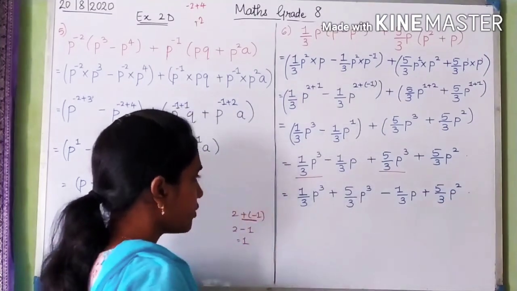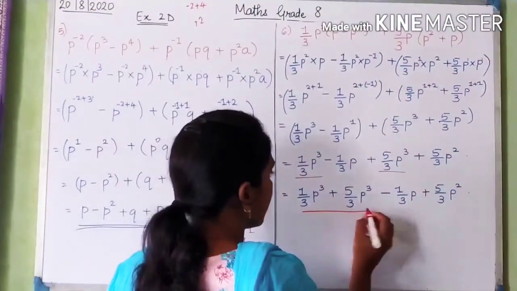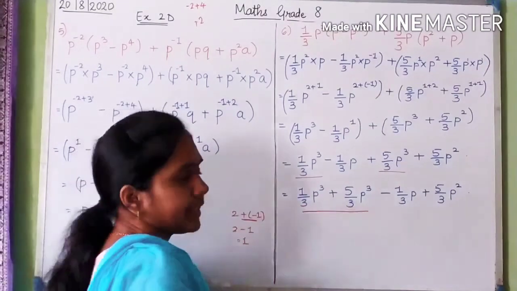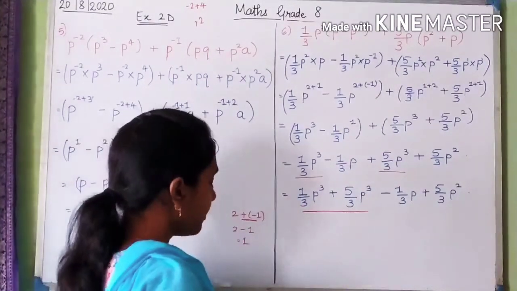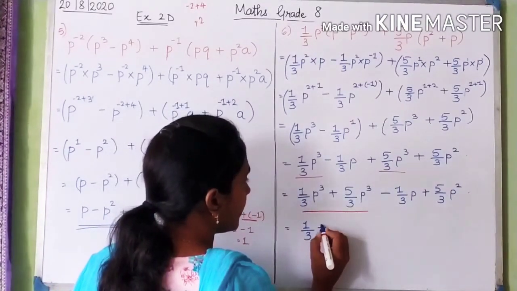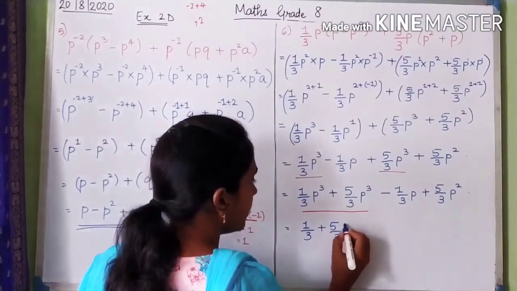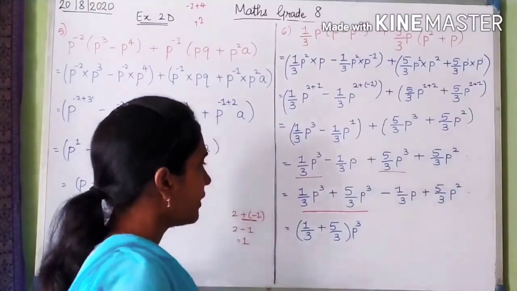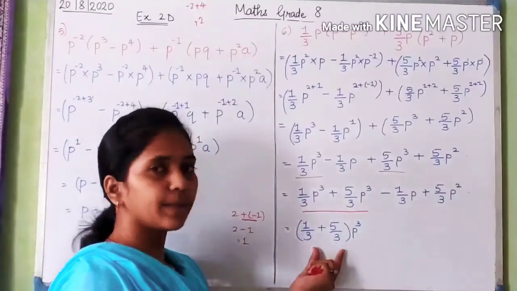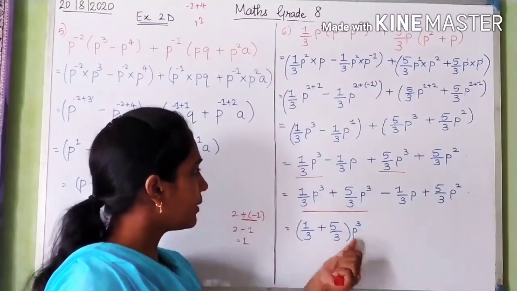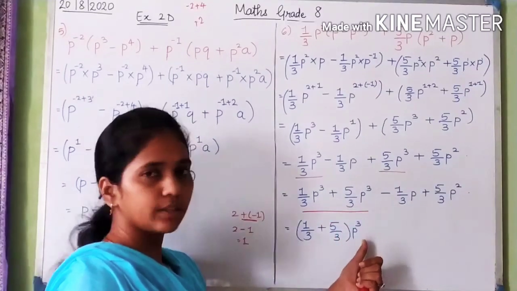Okay. Now these two are like terms, so I add them. So how do I add them? I add their constants. So 1 by 3 plus 5 by 3, p cube. Okay. Why have I written this in bracket? Because we want to add these two constants, and the variable which is there will be the same for both.